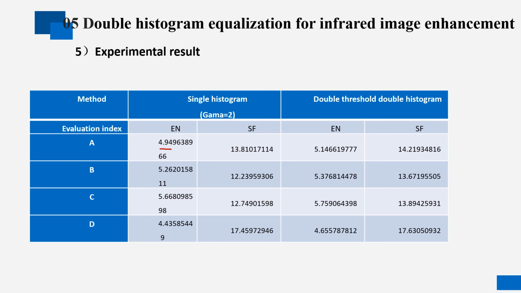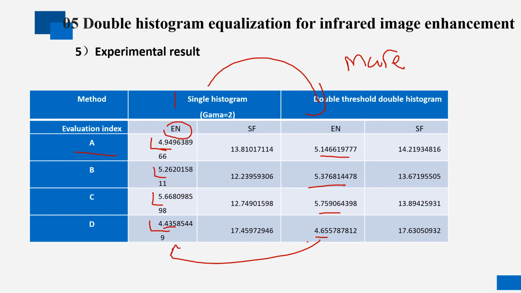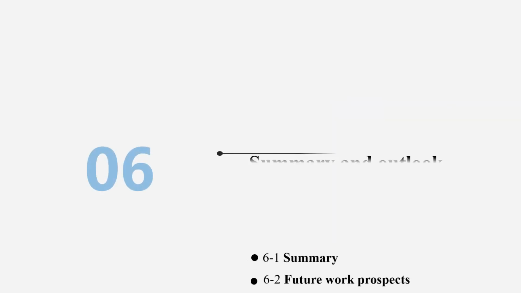Here we can see image A, by applying single histogram equalization, has an EN value of 4.94, image B 5.2, C 5.6, and D this value. But after applying double histogram equalization, which further enhances the image and its information, we get these values, which are in every case higher than these. It is the same case with the spatial frequency value: we get these values, higher and higher.